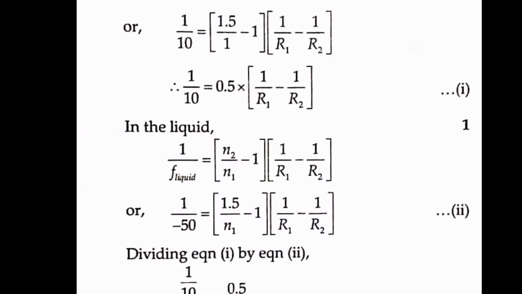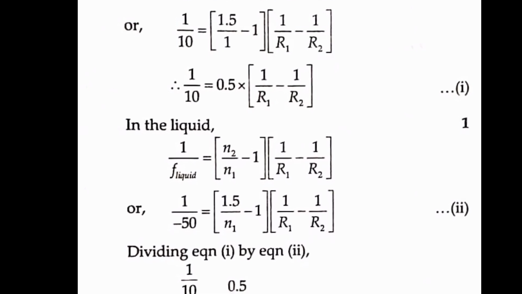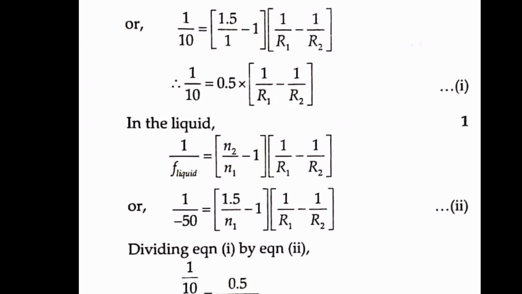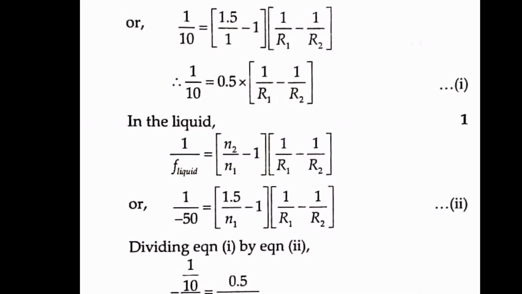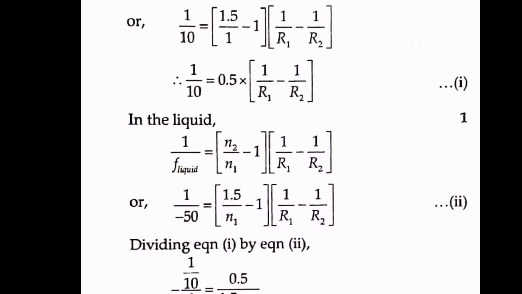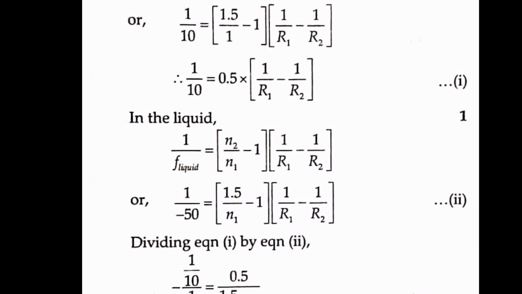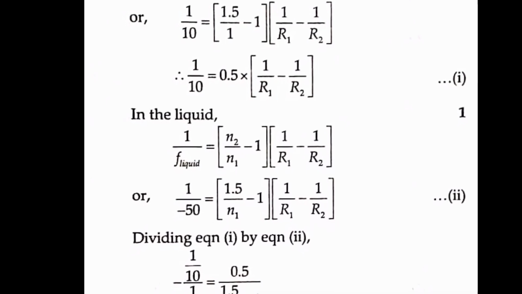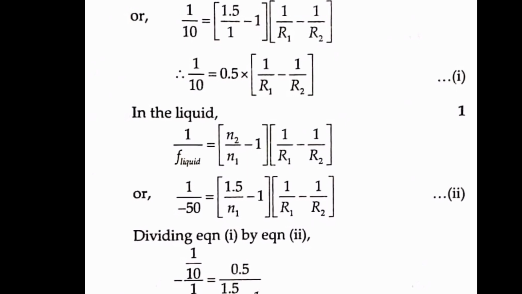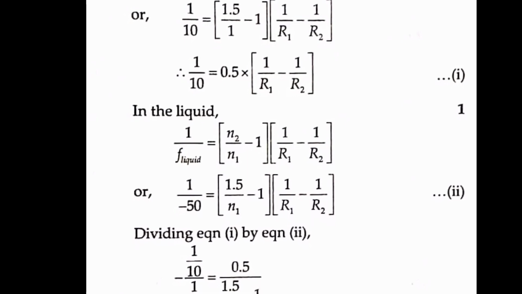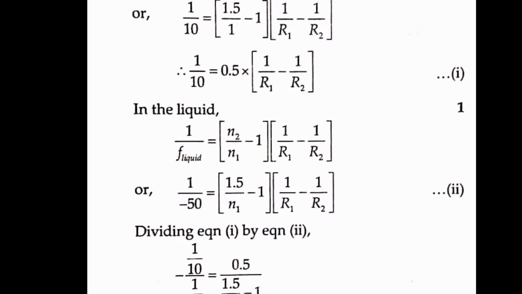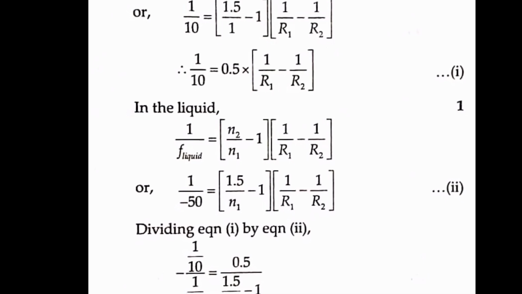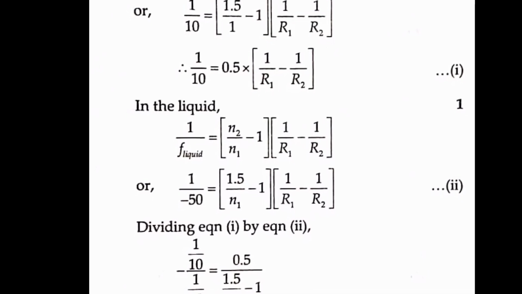Here F liquid is equal to minus 50, since it acts as a diverging lens of focal length 50 centimeter. So 1 by minus 50 is equal to 1.5 by N1, which we don't know, minus 1, into 1 by R1 minus 1 by R2. So N1 we have to calculate.